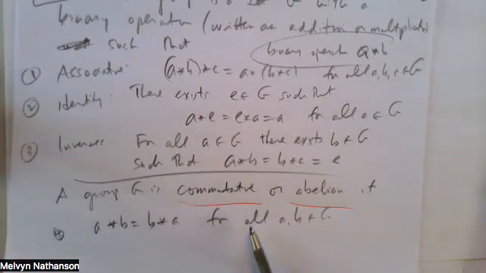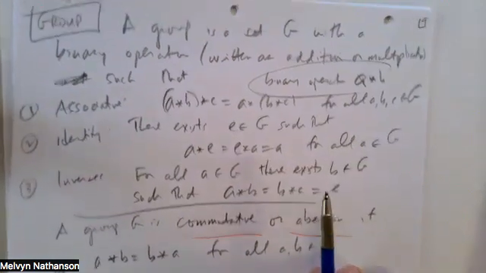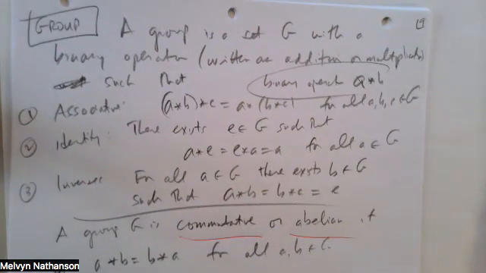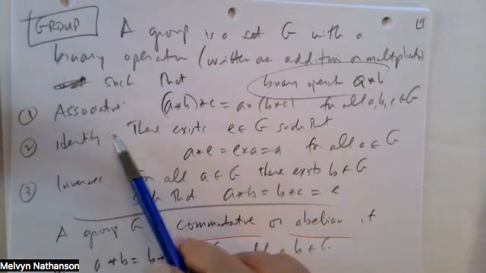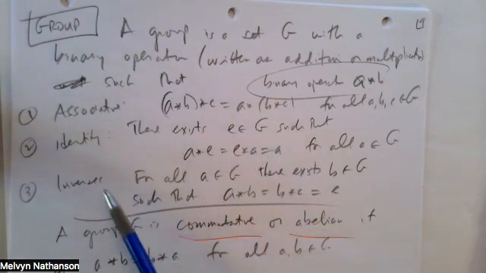So some groups are abelian and some are not. It's just the way it is. But a group must have a binary operation that is associative, there's an identity element, and every element has an inverse. Right? So that's a group.